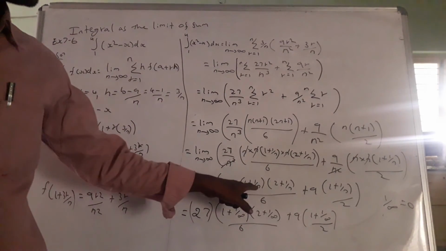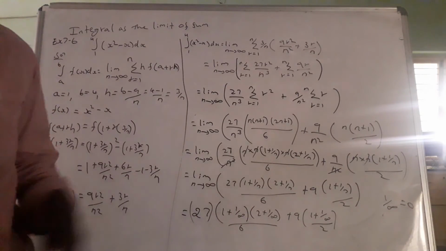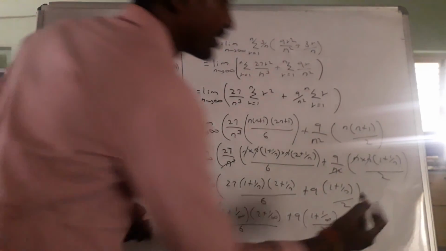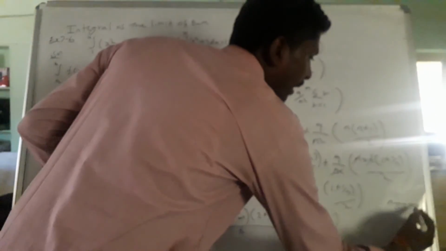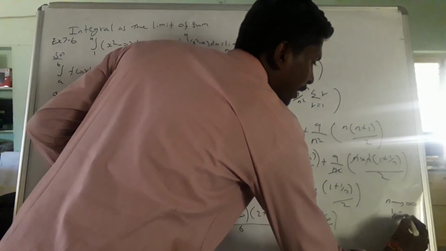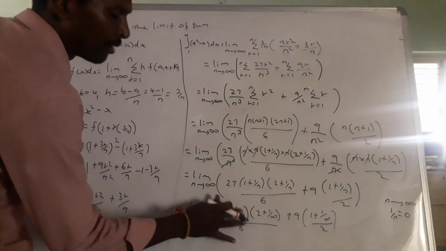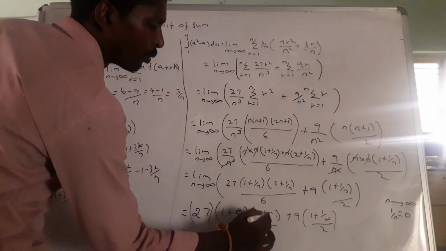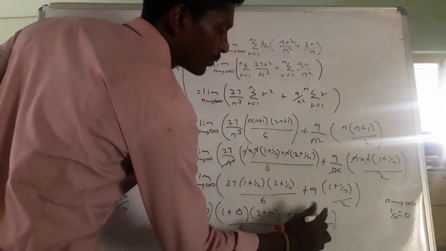Otherwise directly put 0: if n tends to infinity, we can substitute 1 by n equal to 0. Directly you put 0 and you can reduce one step. Wherever 1 by n is there, substitute 0.